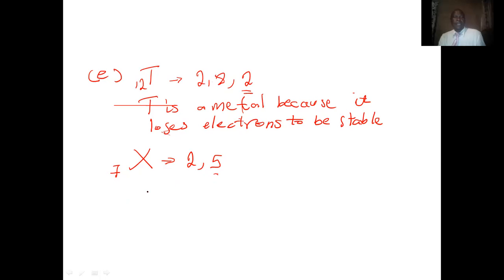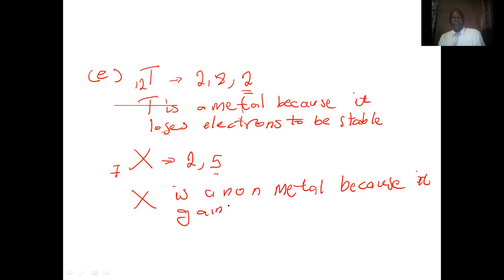Therefore, X is a non-metal because it gains electrons. So it will gain 3 more. It gains electrons.